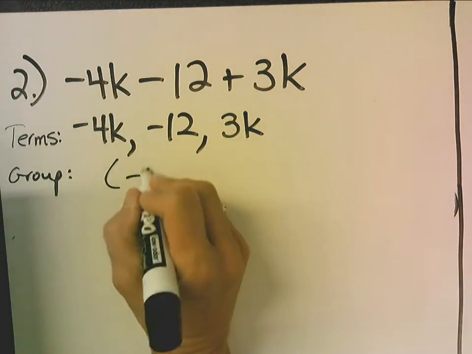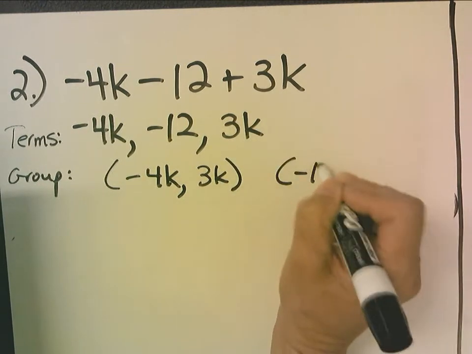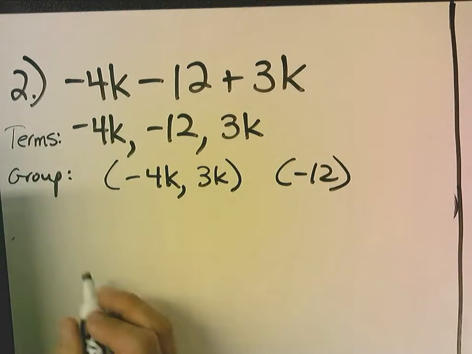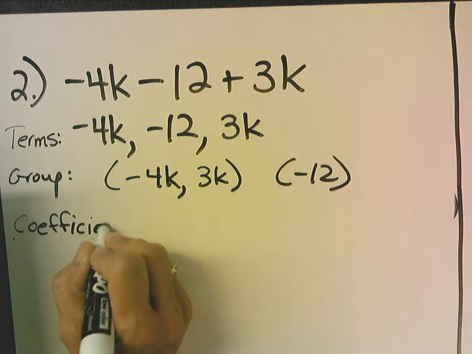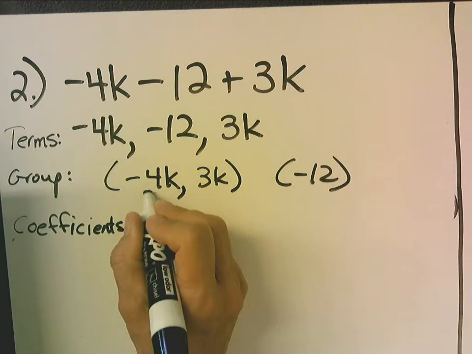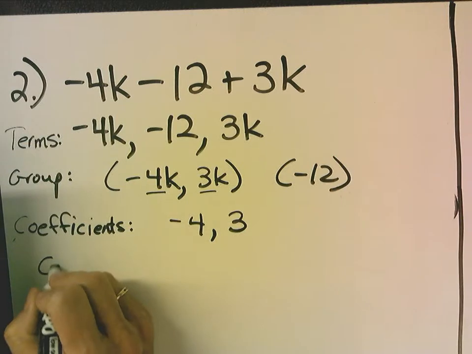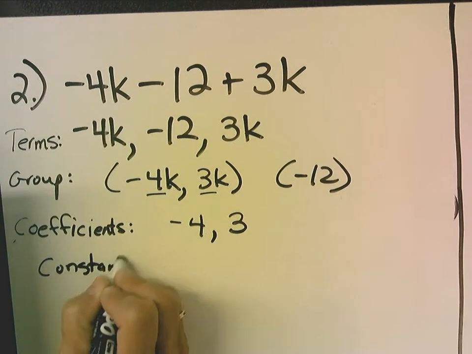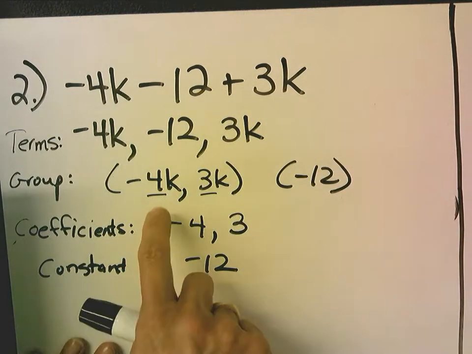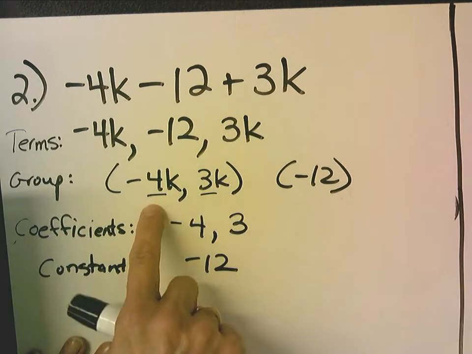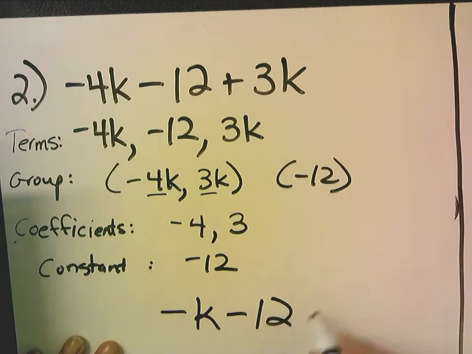Okay, well, negative 4k and 3k are like terms, and negative 12 is the only constant. I'm going to list my coefficients. Coefficients are numbers that multiply variables, so negative 4 and 3. And then constant. A constant is a standalone number, negative 12. And now I'm going to simplify. Well, I have to combine my like terms. Negative 4k plus 3k is negative k, and minus 12.